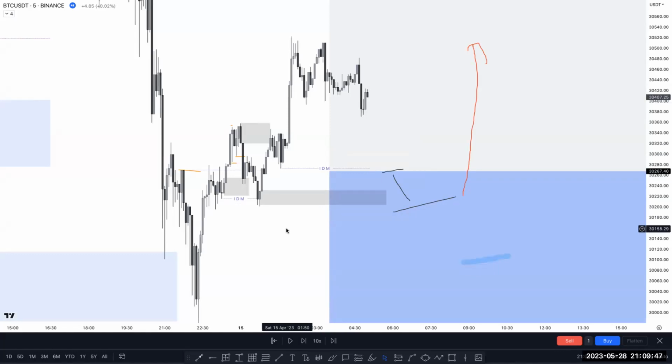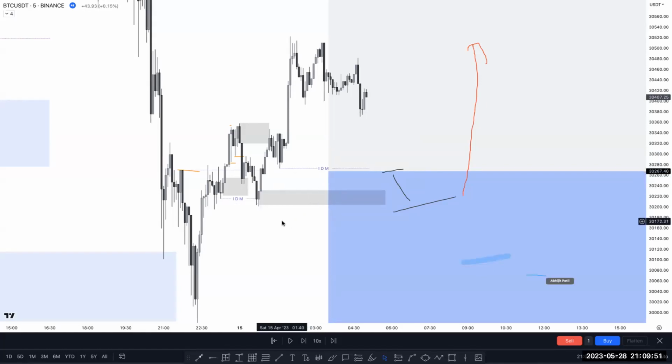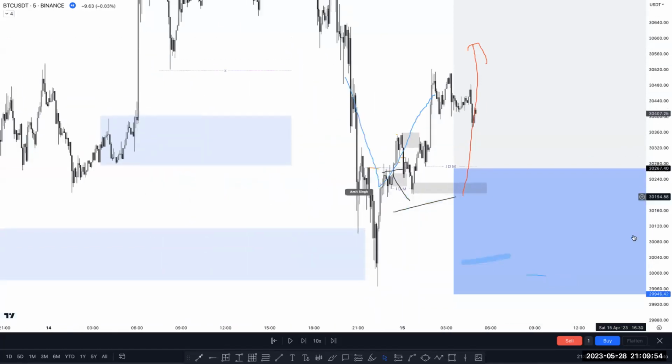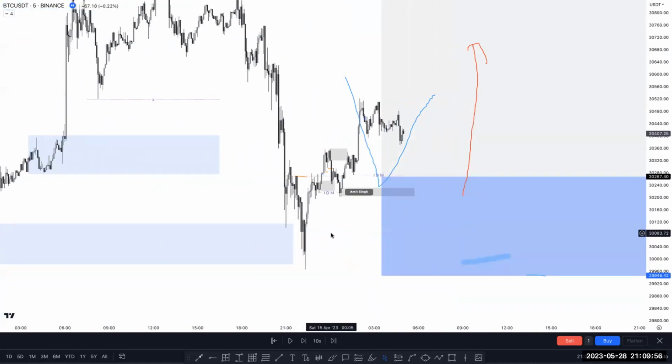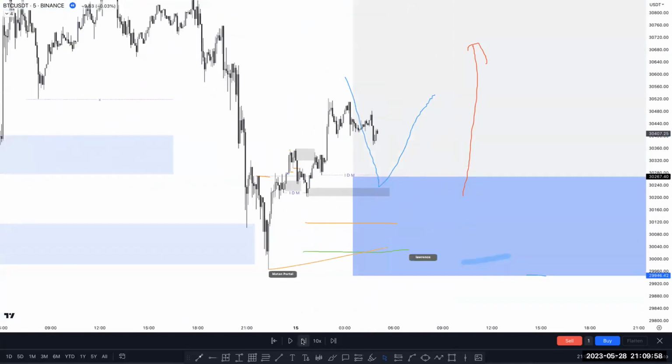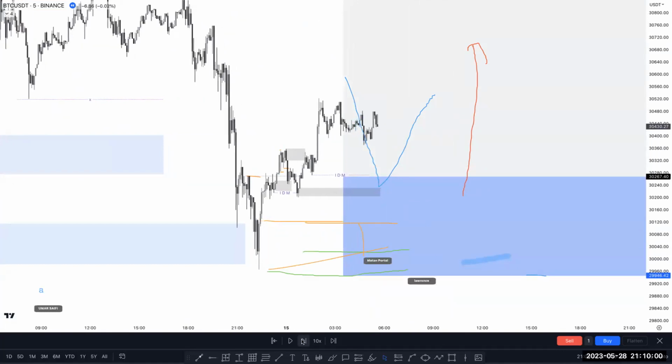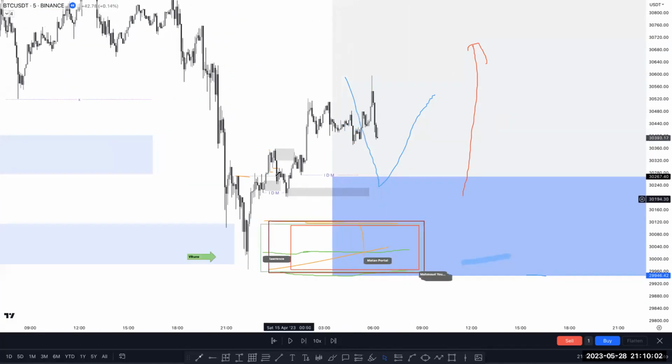Okay. But what happens if the market fails this one? This is our decisional PY here. Where is our next PY? And what should you do in this case? Okay. First of all, let's move in. Okay.